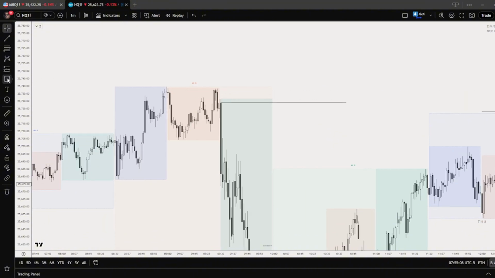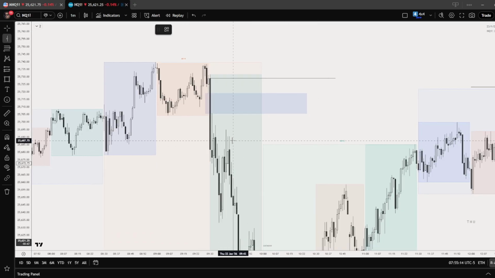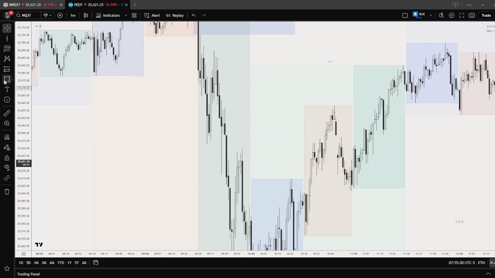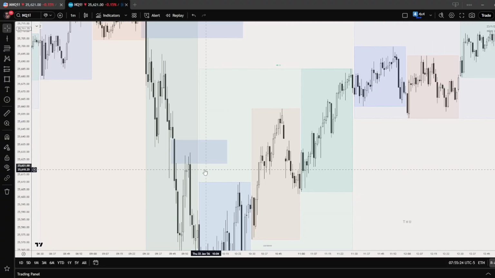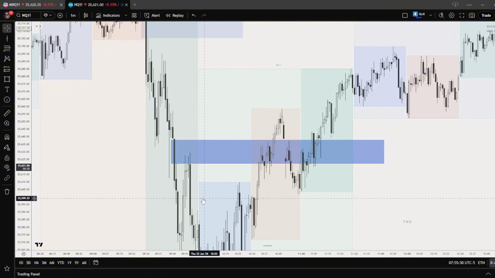For example, first presented fair value gap after open. Or maybe the first presented fair value gap after macro. In that case, this is the first presented fair value gap in the macro. Take a look how important that fair value gap was.